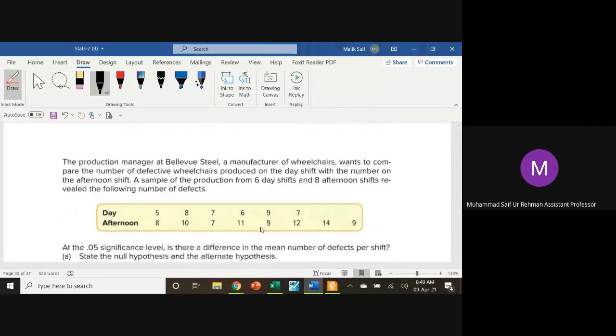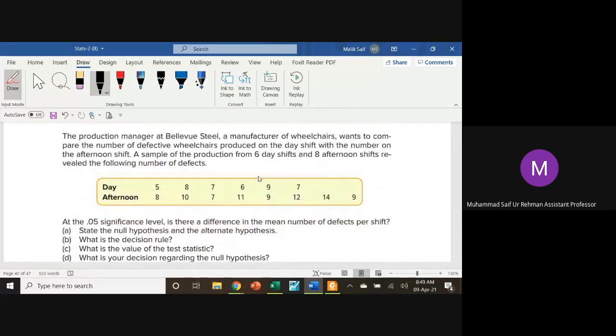So you may see that there is no information regarding the standard deviations of the populations. Sigma 1, sigma 2, or sigma D, sigma A, these two are missing. So it means that you will use T statistic, not Z.